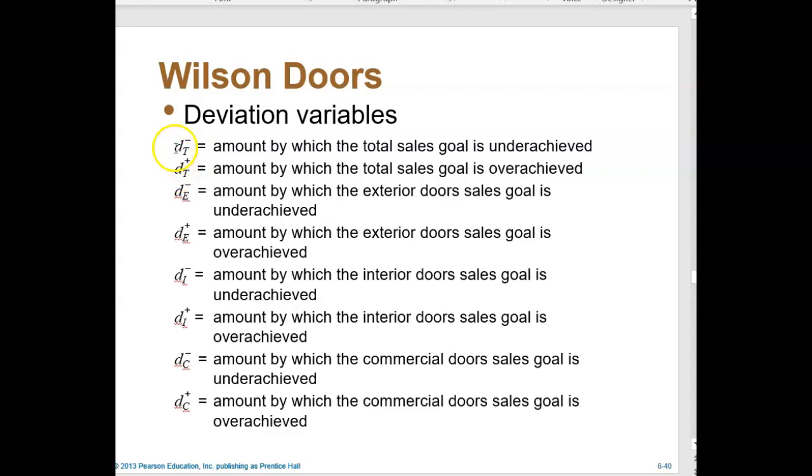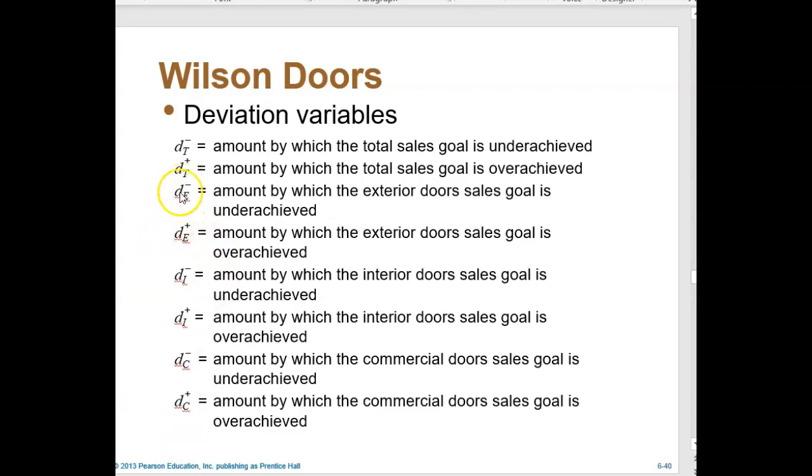Now, what you should also consider at this point is that if you have overachieved your goal, you will not underachieve it. And the same way, if you've underachieved your goal, you will not overachieve it. So only one of these two values will have a positive value. The other one would automatically just be 0. The same way, we create two deviation variables for the remaining three goals.